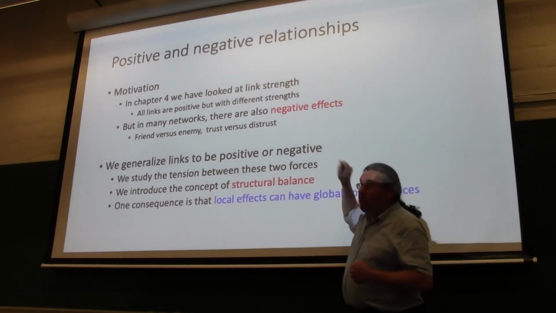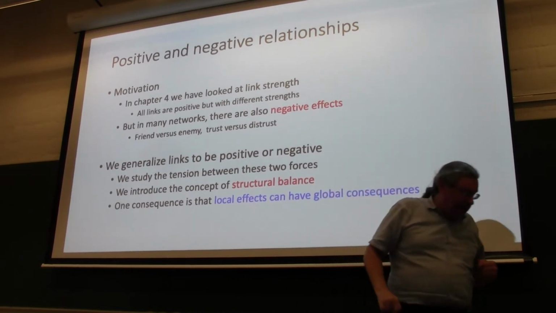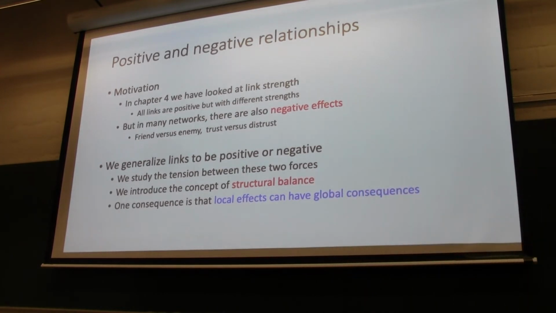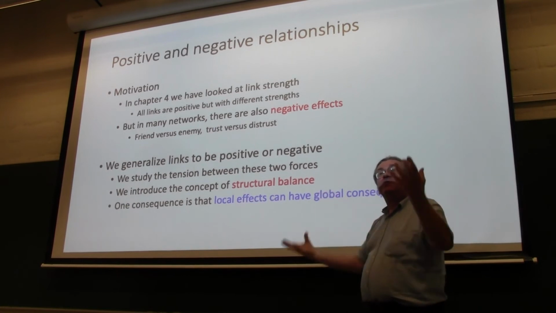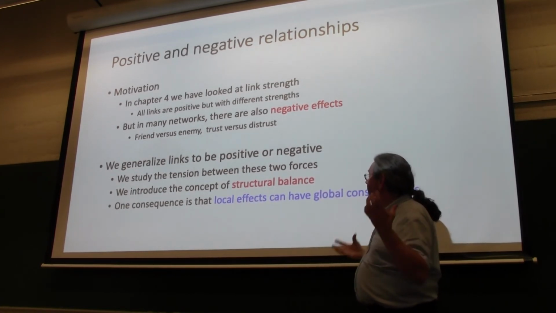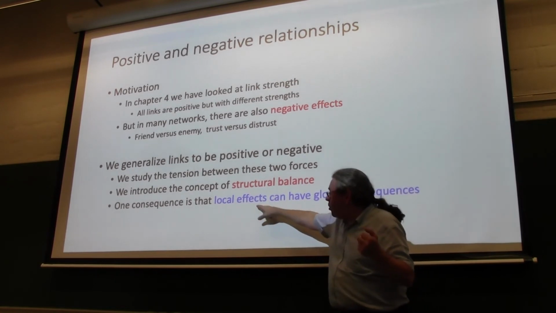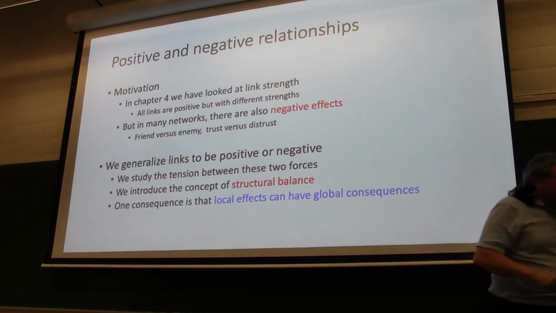The links can now be positive or negative, and we'll study the tension. And this introduces a whole new idea, in fact, the concept of structural balance. There's some kind of balance between the positive and negative. And also how small local effects can have big global consequences.